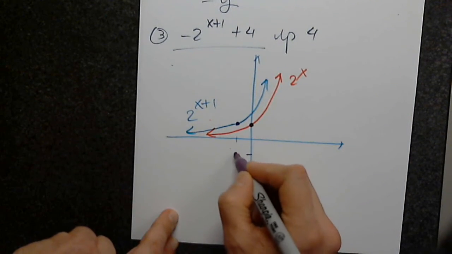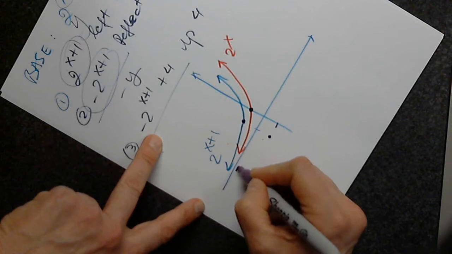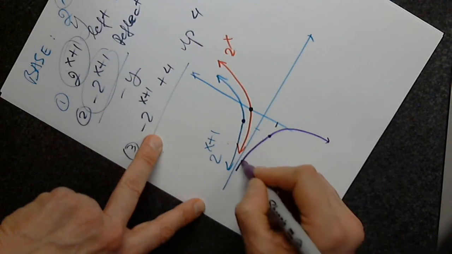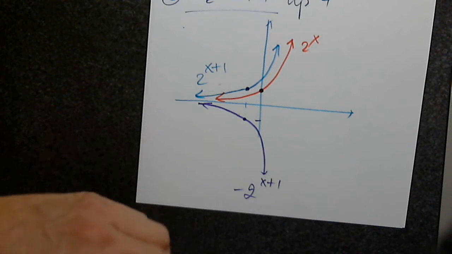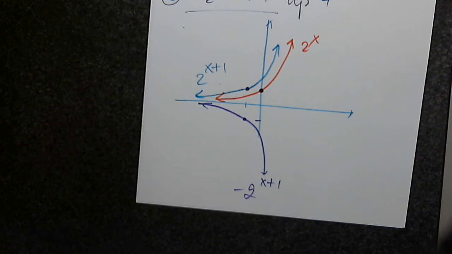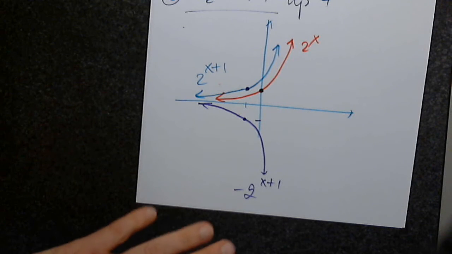Excellent. Here's the graph. So this is negative 2 to x plus 1. Then you told me to shift everything up 4. Excellent.